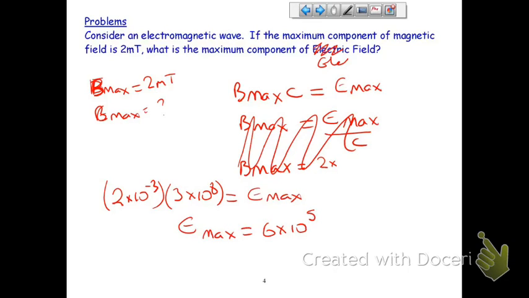What are the units going to be? Newtons per coulomb. Alternative units? Volts per meter.